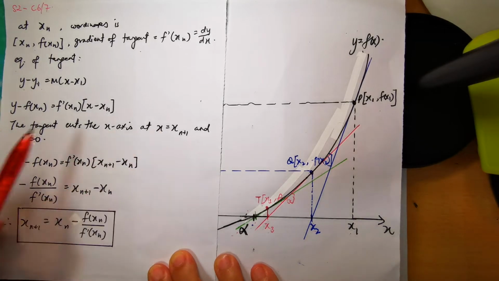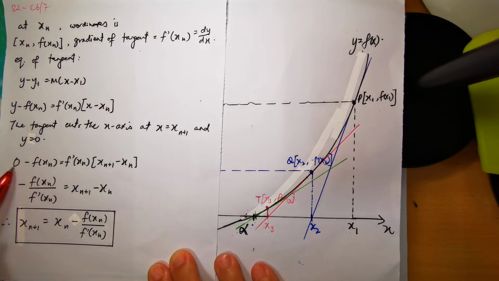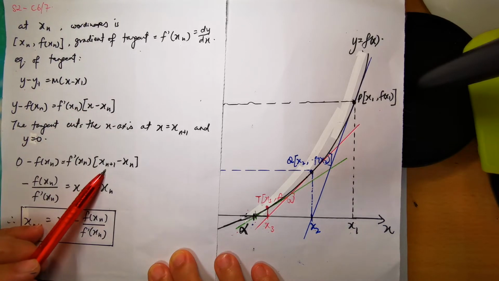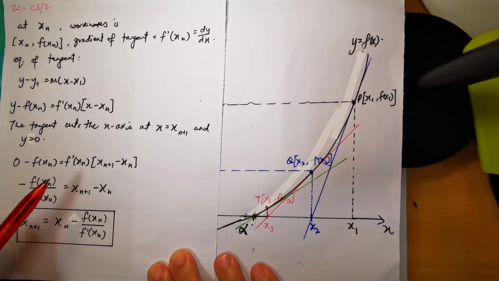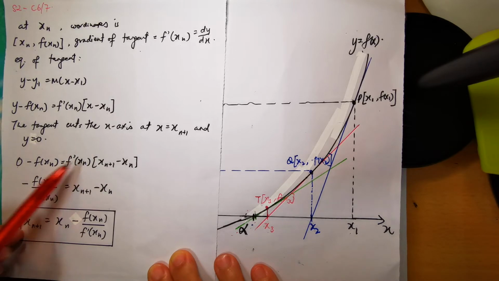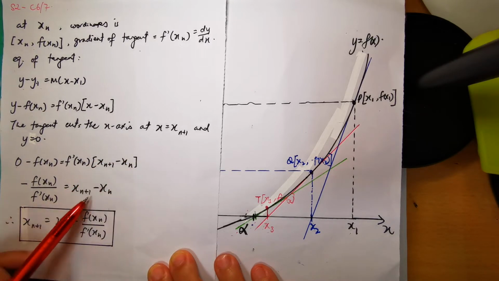So we sub these two into the formula that we get here. So y will become 0, x will become xn plus 1. Then we rearrange it, we will get the formula. First step, we shift the f prime xn to the left hand side, like this. Don't forget the negative. So here will become this.